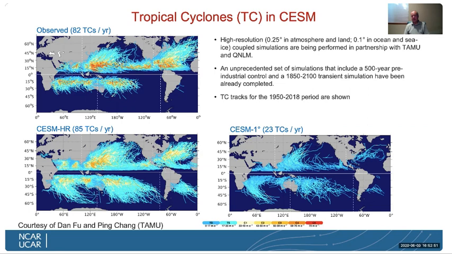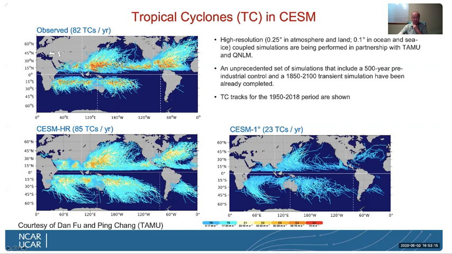That's essentially 1950 to 2050 control and 1950 to 2050 transient plus future scenario simulation. And just for eye candy here, we are writing as we speak an overview article summarizing all of these results.